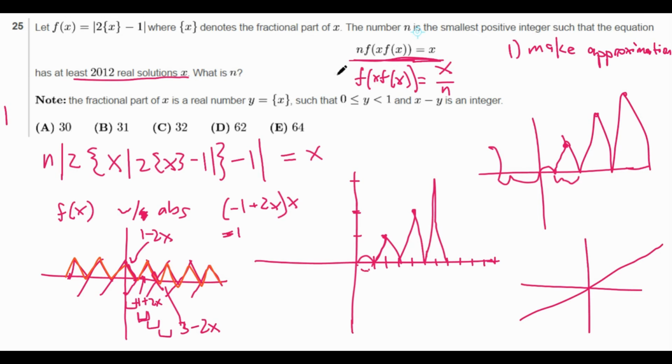The left hand side is f of something, and f of something is always positive because by definition we're taking absolute value, so it'll do something like this. But then, of course, it's impossible to have any intersection on the negative x-axis because x over n is negative and f of something is positive.